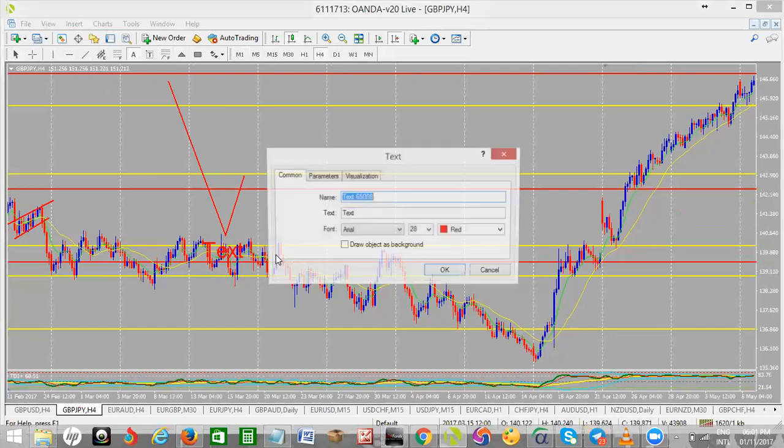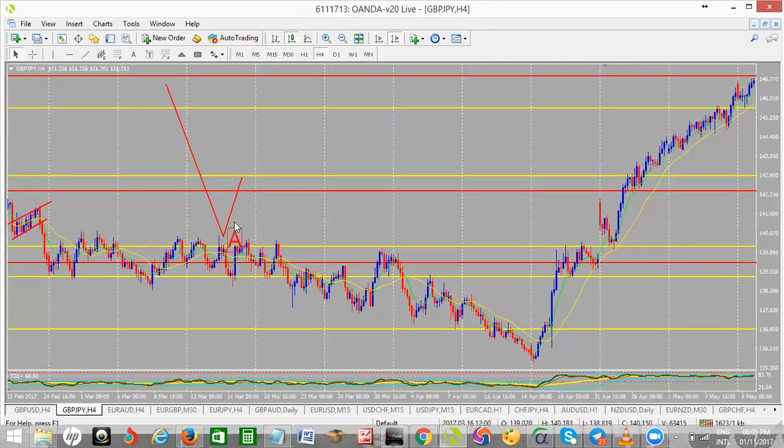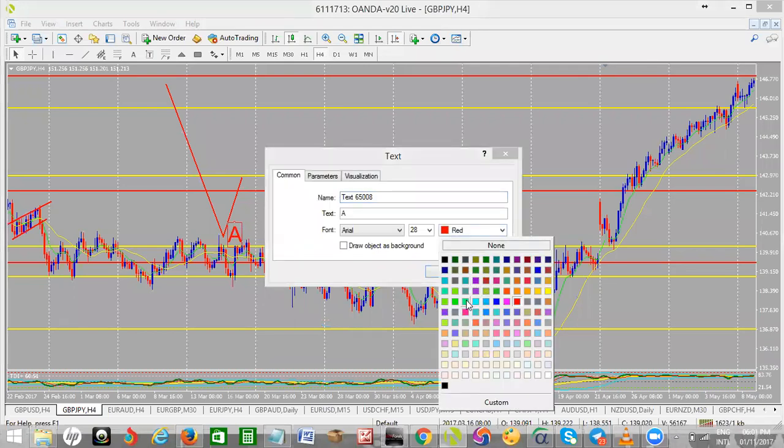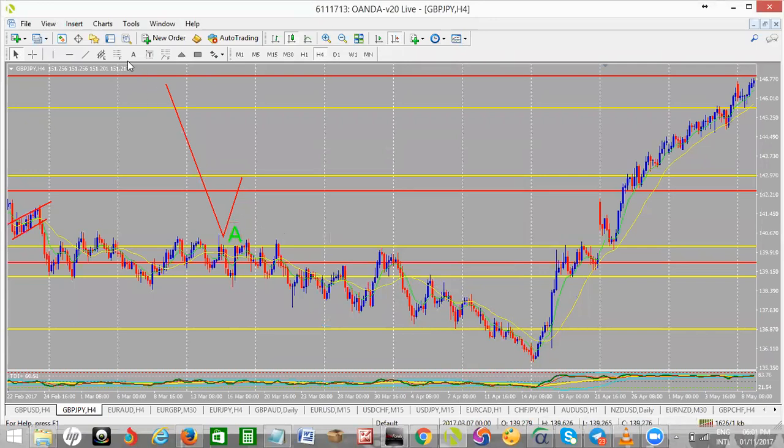This becomes my A. Don't like this color. This becomes my A. And the retracement.